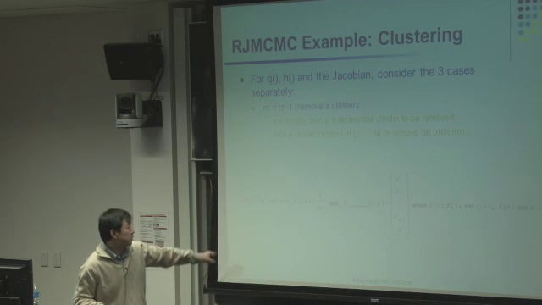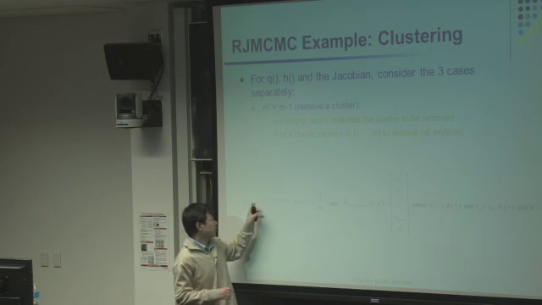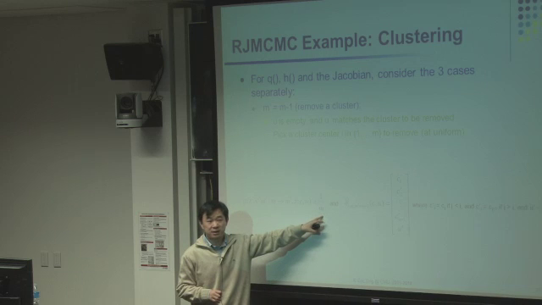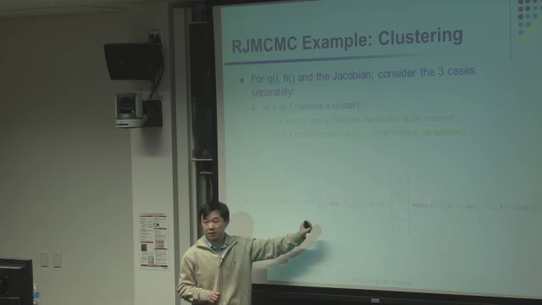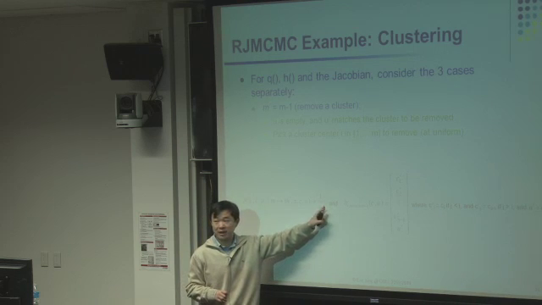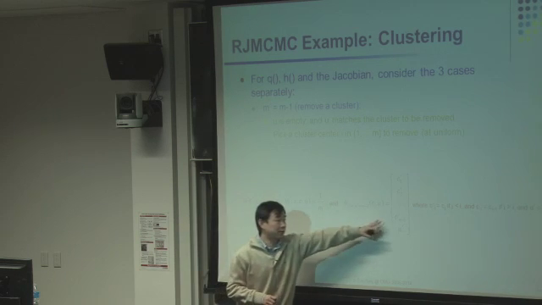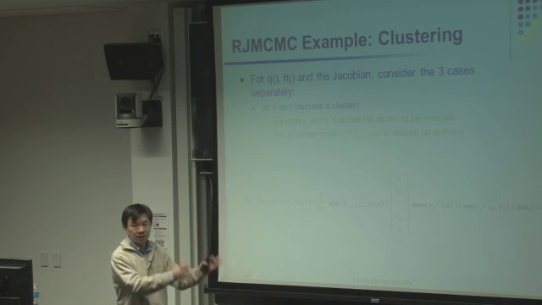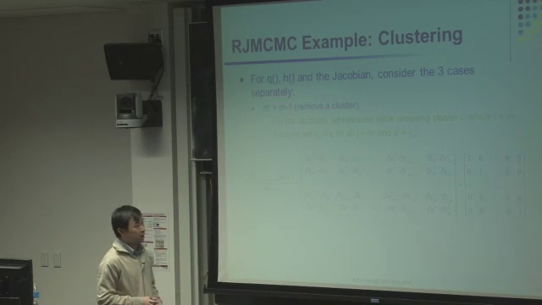In this case, the proposal will be 1 over m only, because you just randomly choose one cluster and kill it, okay? And you don't need to sample a new center for that. That corresponds to another deterministic transformation between the new centers and the old centers. You can compute the Jacobian accordingly, okay?